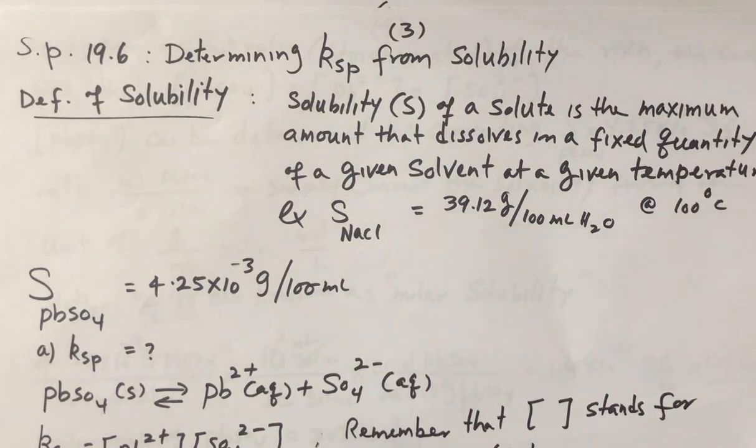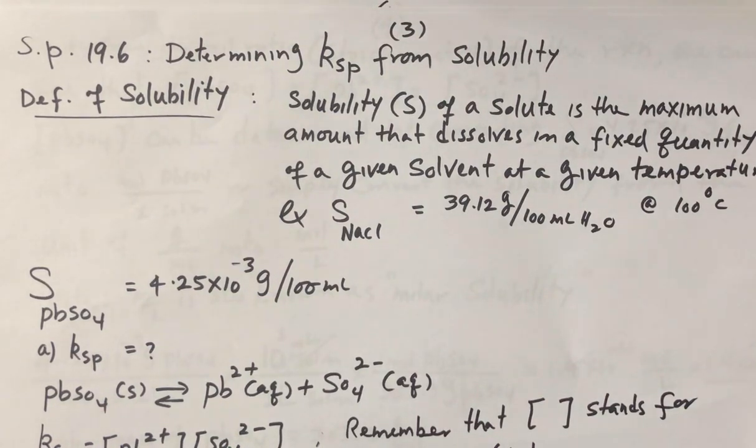For example, the solubility of sodium chloride is 39.12 grams per 100 milliliters of water. That means that at 100 degrees Celsius, the maximum amount of sodium chloride that can be dissolved in 100 milliliters of water is 39.12 grams.